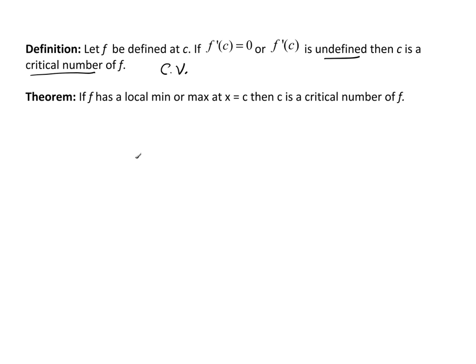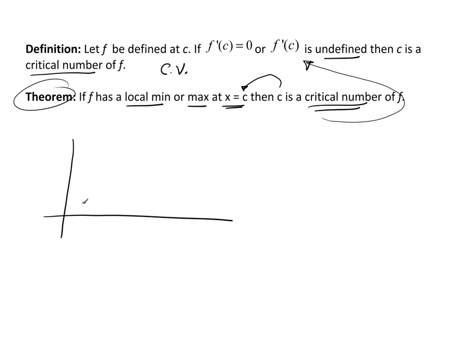Here's the theorem: if f has a local min or a local max at x equals c, then c, where the min or the max happens, has to be a critical number. That's extremely important because that just told us how to find all these local mins and maxes.